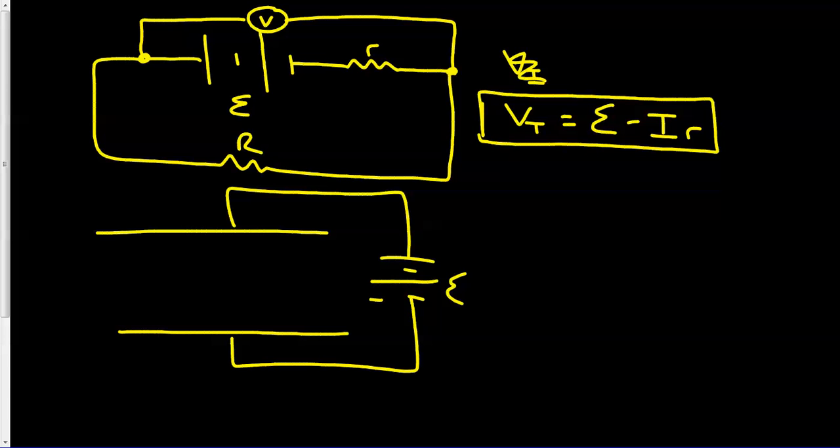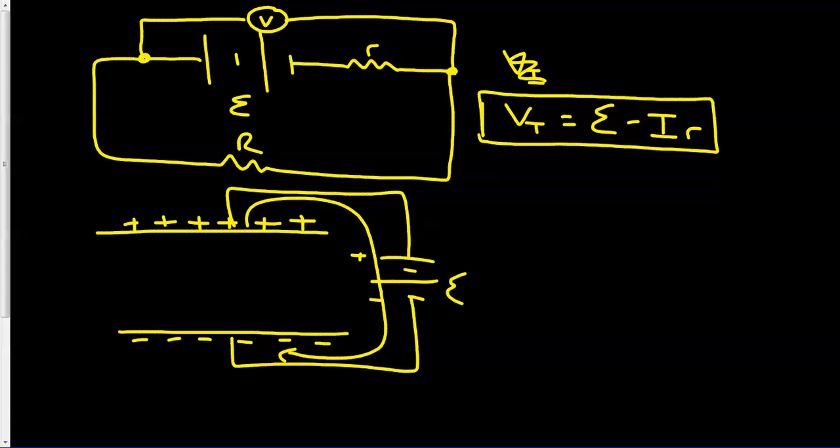Since this is the negative side of the battery and that's the positive side, we make electrons move through the circuit and deposit on one side of the plates. We're stripping electrons off this top plate, making it positive, and depositing electrons on the bottom plate, which sets up a capacitor.